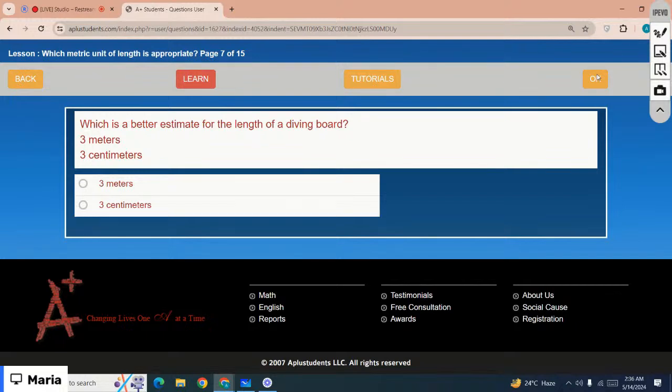Which is a better estimate for the length of a diving boat, 3 meters or 3 centimeters? Which is the correct option? The correct option is 3 meters, right?